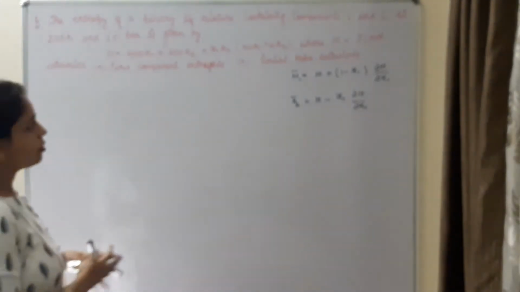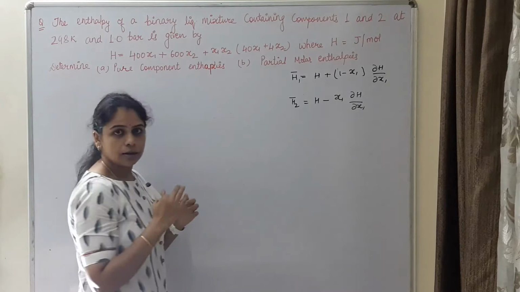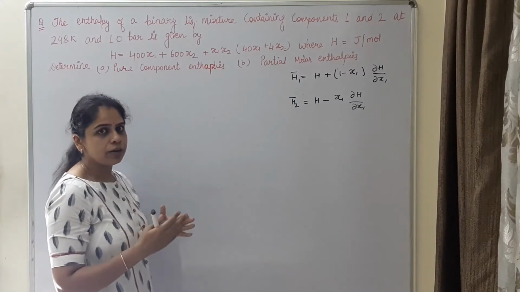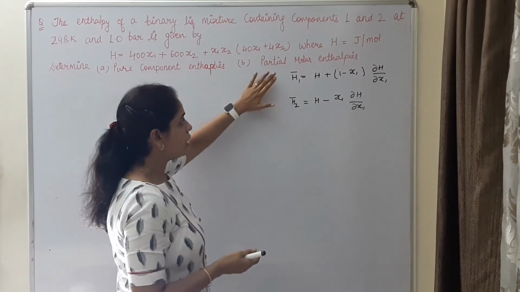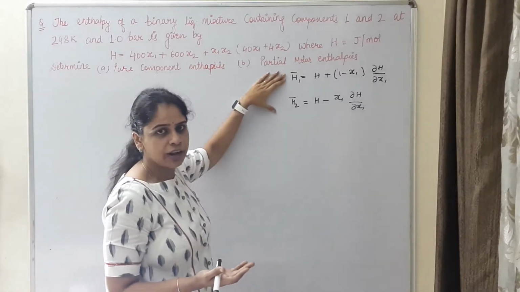So we know this relationship which we had in my previous lecture. We had derived these two relations in terms of volume, and you can write the same relation for any extensive thermodynamic property. So you can write the same relation for the enthalpy as well as for the Gibbs free energy.